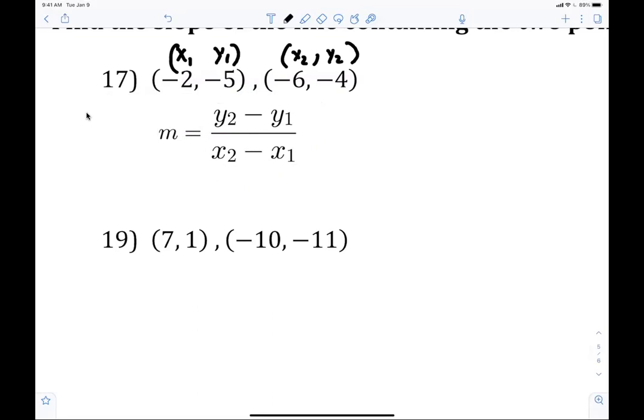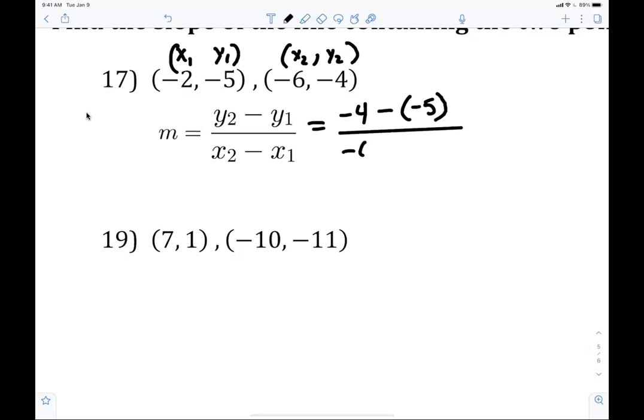All right, but here we go. Let's do this. -4 minus what? -4 minus -5. Now, you don't have to obviously do that. Does everybody agree? -4 minus -5 just means -4 plus 5. I'm just writing it out for you the first time.